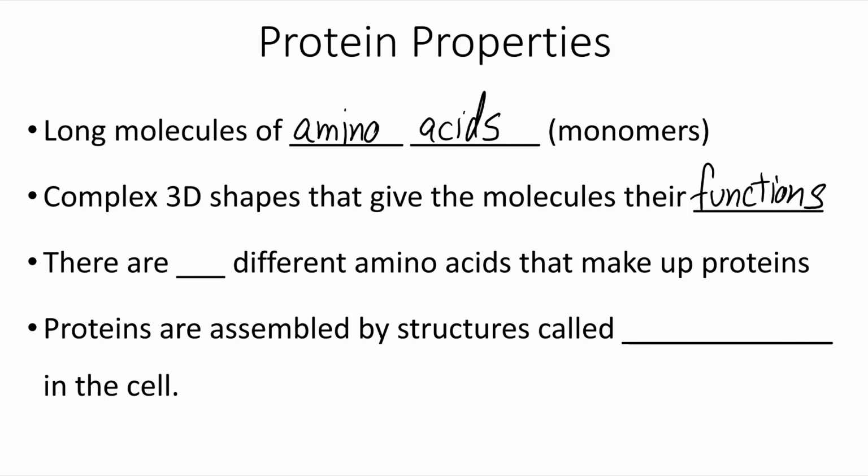And it turns out that there are 20 different amino acids that make up proteins. Proteins are assembled by structures called ribosomes within the cell. And so ribosomes are where the amino acids are linked together. Ribosomes are where the proteins are assembled. But then those proteins will be used everywhere in the cell, and sometimes even secreted from the cell.